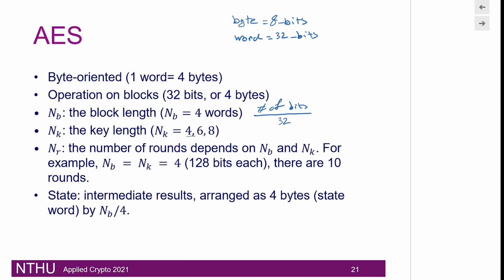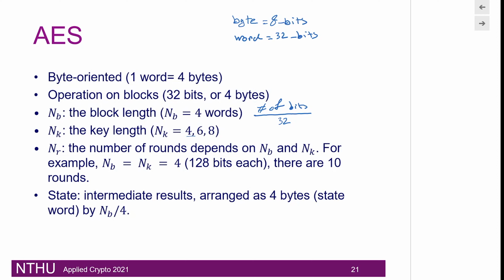The AES algorithm, just like the DES, is also an iterative encryption, which means that we have a for loop. Rounds continue to happen until we do all the computation, and then we produce the corresponding ciphertext.